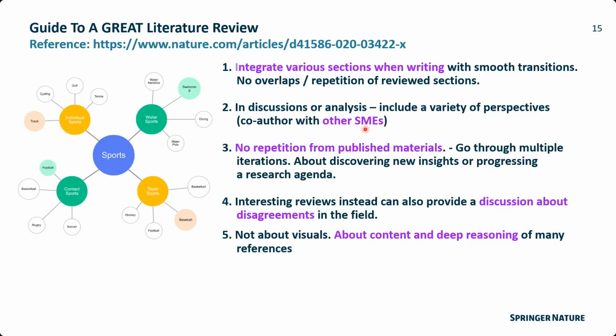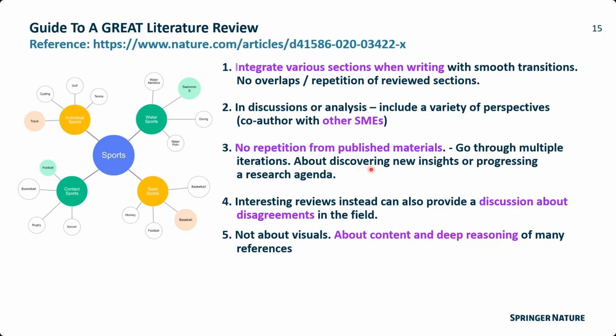Let's say you come from Faculty of Health. Your topic is everything about medicine, health. But it will be great if you include perspective on community or social science, for example. So it's recommended to either co-author with another subject matter expert, or just include any other reference outside of that subject.